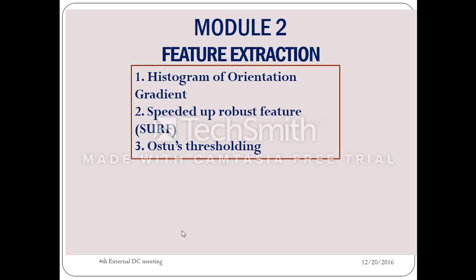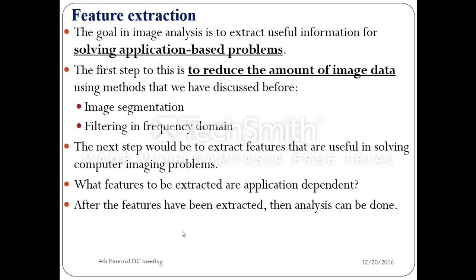So here is module 2, the feature extraction part: histogram of oriented gradients, speeded up robust features, and soft and hard thresholding. Feature extraction is about how to extract information from the images, solving application-based problems.